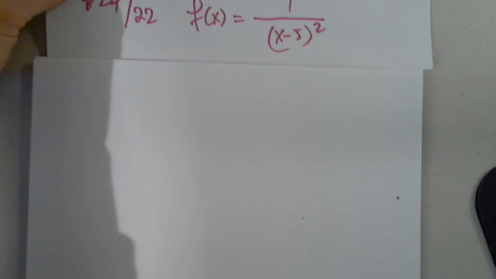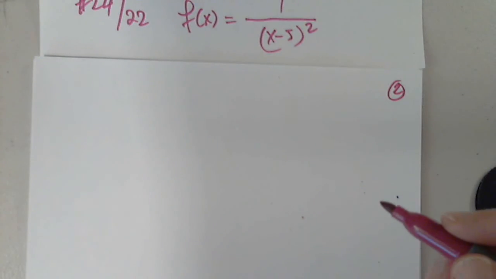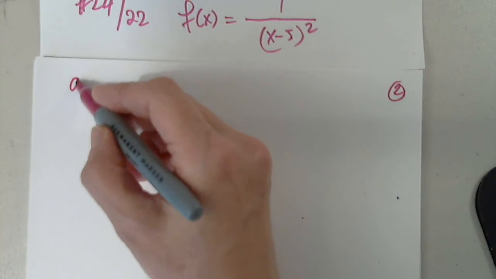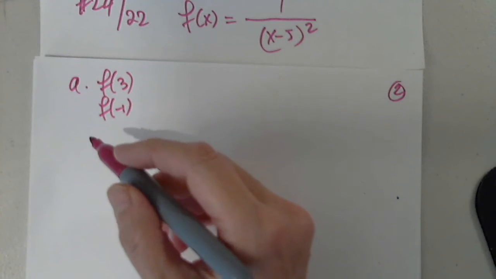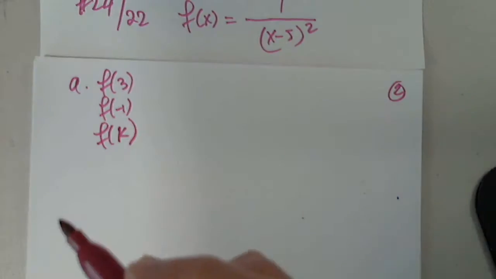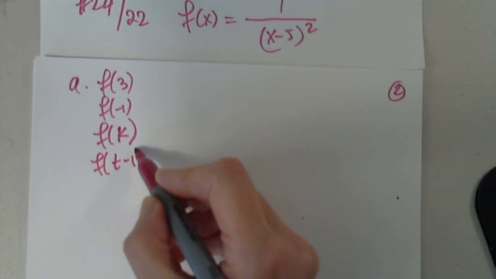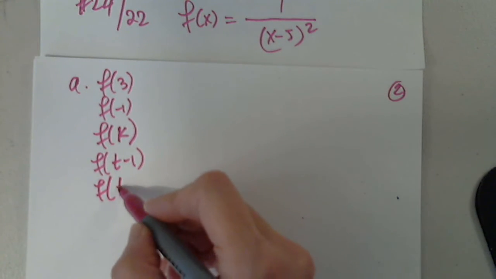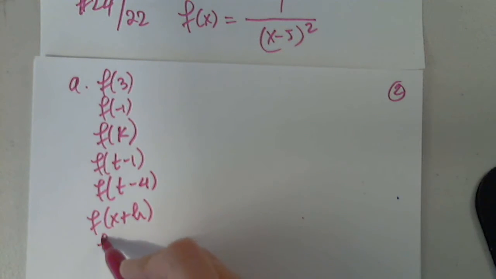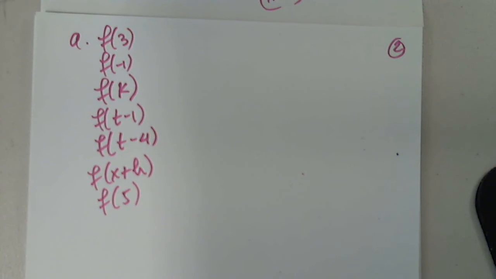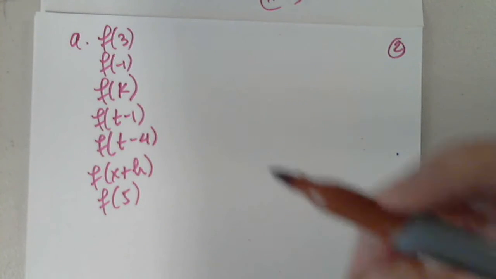They're asking us to evaluate it for, so part A, they want f of 3, f of -1, f of k, f of t minus 1, f of t minus 4, f of x plus h, and I'm going to add f of 5. That's from me. And in part B, they ask us to explain what the function is asking us to do.